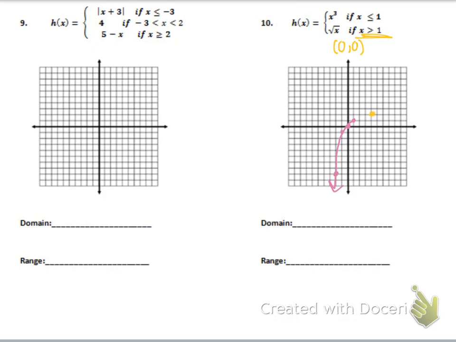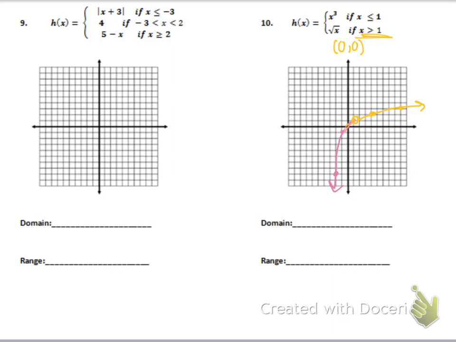It'd start at 0, 0, up 1, right 1, up 1, right 3, up 1, right 5. And I want to have everything bigger than 1. So pretend that little origin dot's not there. I can't erase him very well. Okay, and then it was an open dot at 1, shooting off.